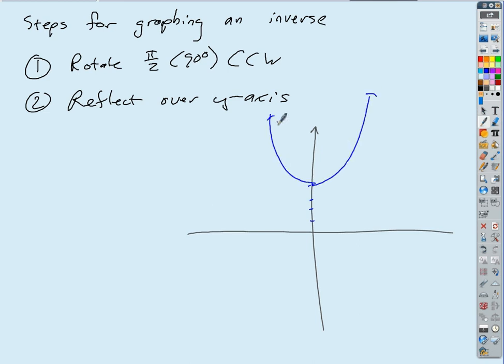And I want to graph its inverse. Let's do these steps in order. Step 1 is I'm going to rotate this thing 90 degrees counterclockwise. What that means is I'm just putting a tack at the origin and spinning the graph 90 degrees. So I end up here. There's step 1. Then if I reflect that over the y-axis, what do I get?